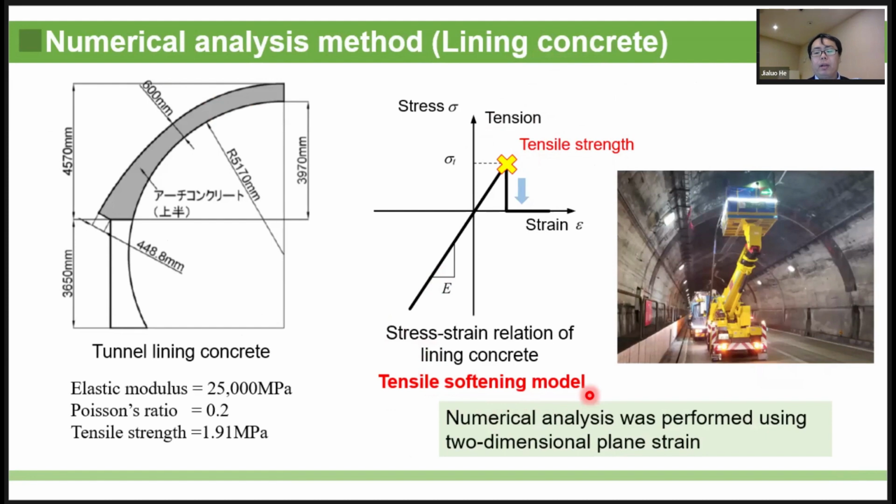In addition, numerical analysis is performed in two dimensions. The input parameters for the lining concrete are elastic modulus 25,000 MPa, Poisson's ratio 0.2, and tensile strength 1.91 MPa.